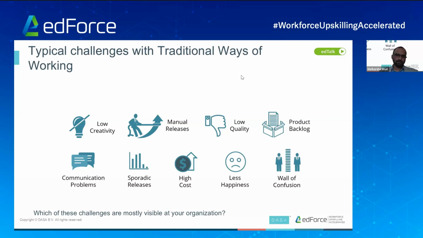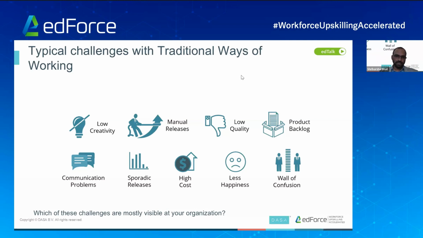Communication problems because of the silos. We have multiple teams working together: development team, testing team, release team, or even the team maintaining the applications in production, all having different communication models and different communication channels, which creates problems as well, right?